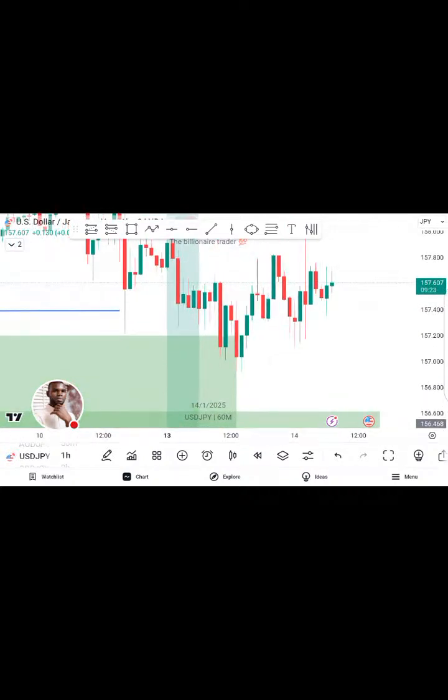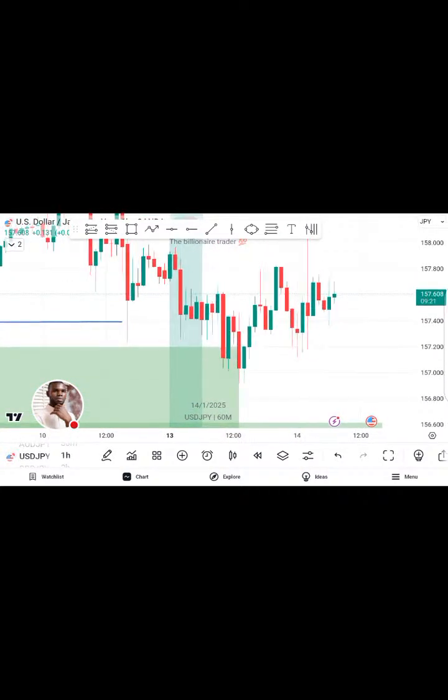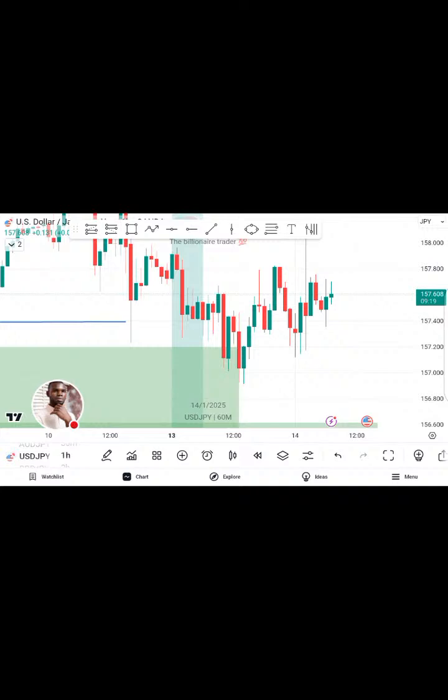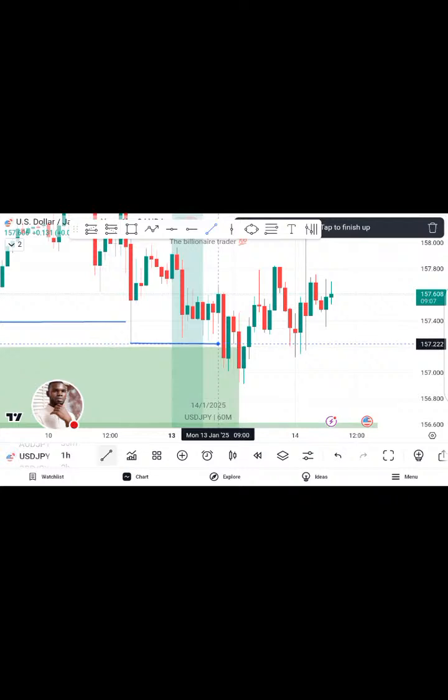Okay, so let's do it this way. This is 1 hour time frame. This is the last low. This is a low taken out.